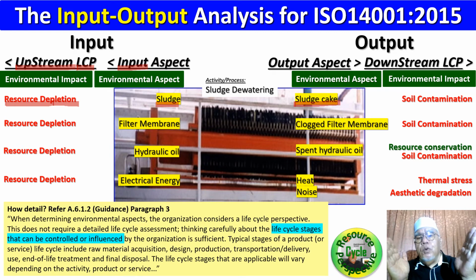It's a physical process, pressing the sludge, removing the water, and the water goes back into the industrial effluent treatment system, and you get a sludge cake if everything is in order.